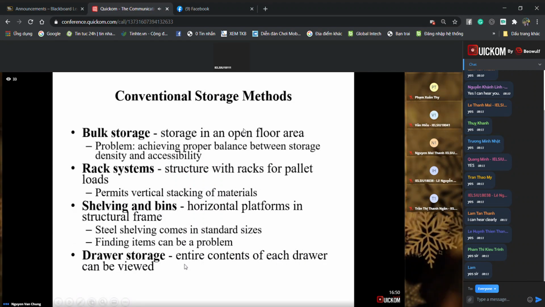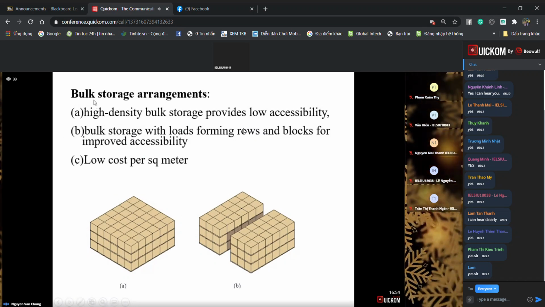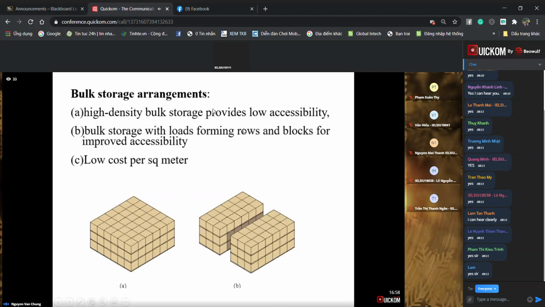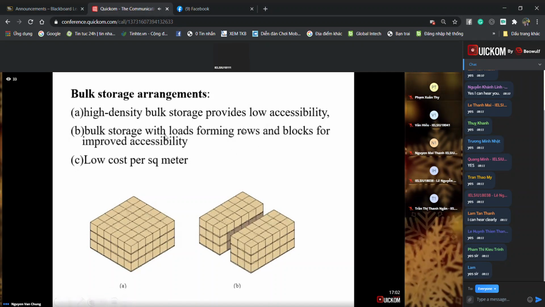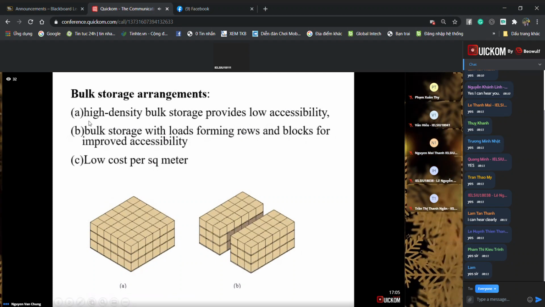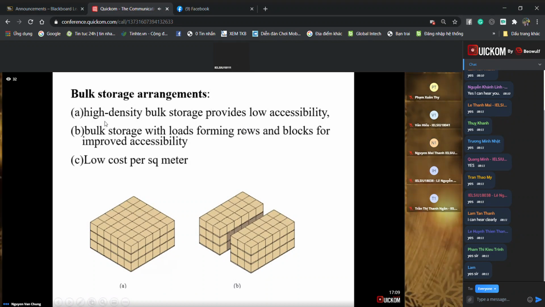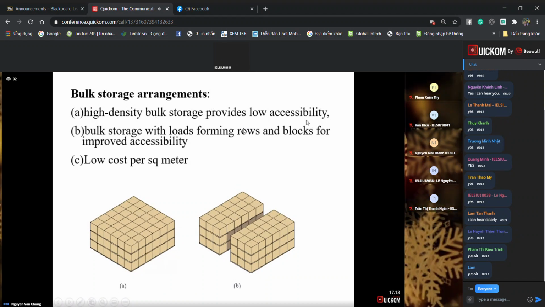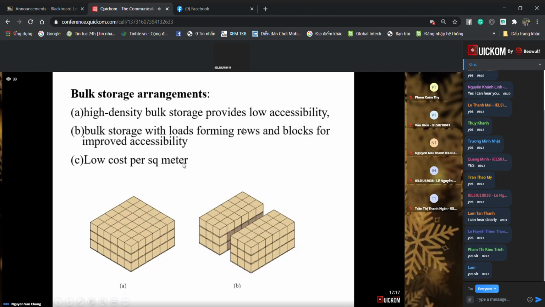You see the picture here on the figures. For example, this is the pallet storage arrangement, and it has characteristics. If you use a pallet storage arrangement, high density storage is provided and low cost per square meter.